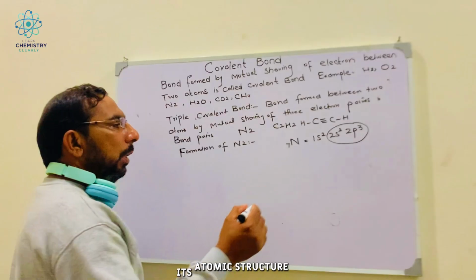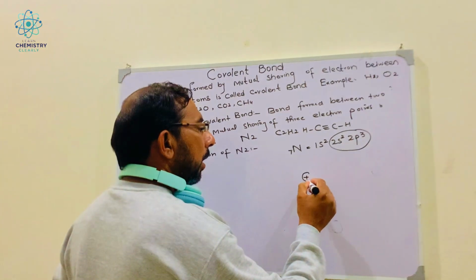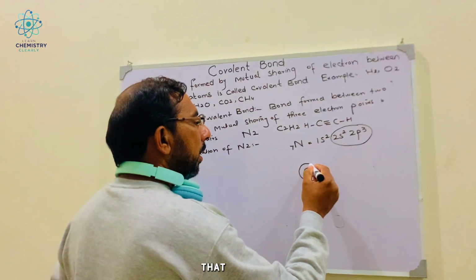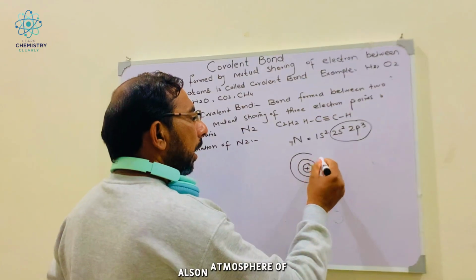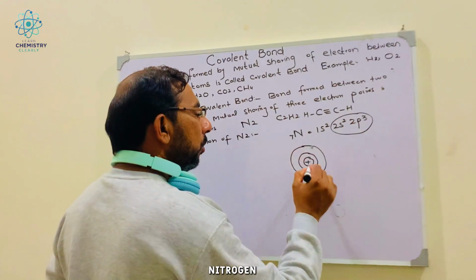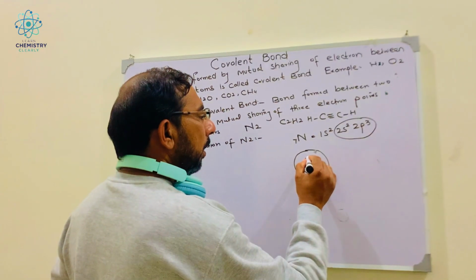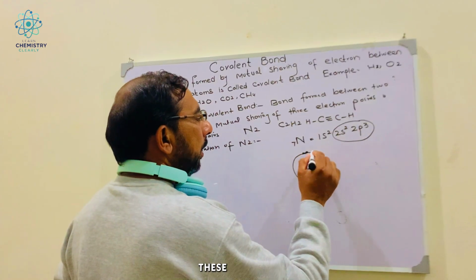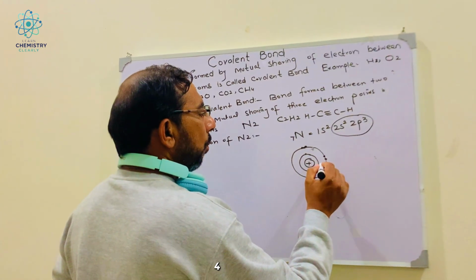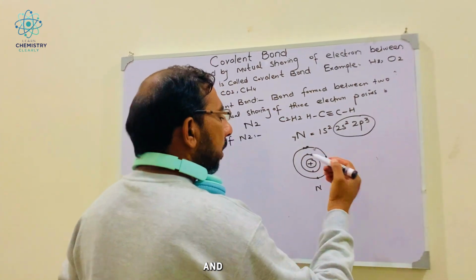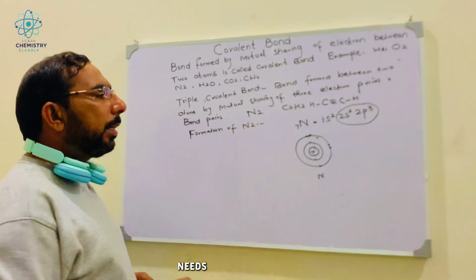If I draw its atomic structure, you can see the nucleus, and this is L shell, outermost shell of nitrogen, and it contains 5 electrons like this, 2, 2, 4 and 5. And now it needs 3 electrons.